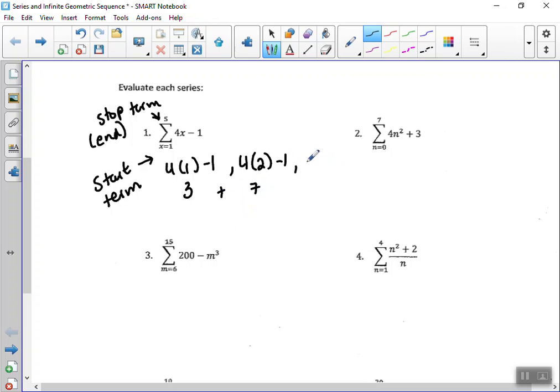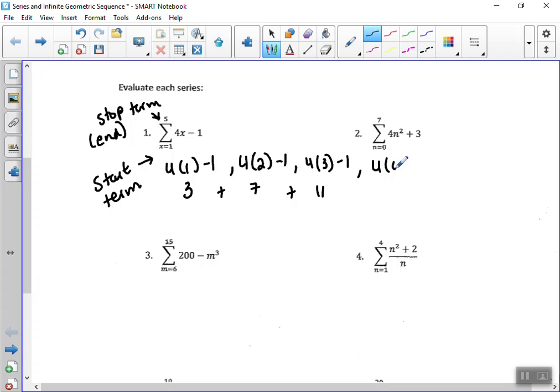Okay, third term, plug in the 3 here: 4 times 3 minus 1. 4 times 3 is 12, minus 1 is 11. And that's the next term I'm going to add. But we can't just keep adding, as fun as it is. We need a stopping place. So we're going to go up until 5.